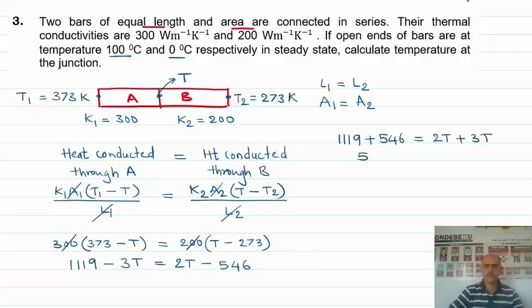Finally 5T is equal to 1119 plus 546, which is 1665. Dividing by 5, you will get the temperature of the junction. So the answer is 333 Kelvin. If it had been asked in degree centigrade, then you keep the answer in degree centigrade.